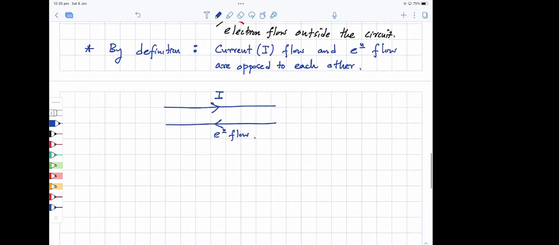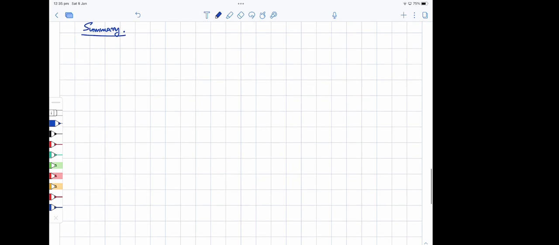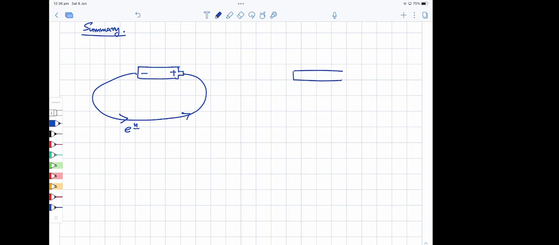So this is what we know now. Now, summary of what I said. You have a battery, right? Connected. This is positive, this is negative. Electrons are going this way. Now you have a battery, positive and negative.